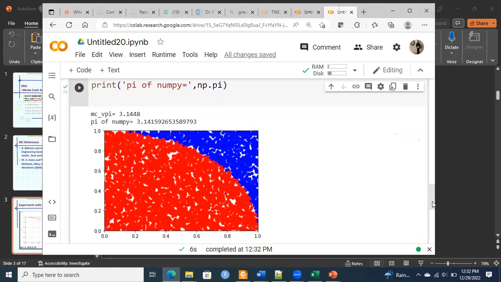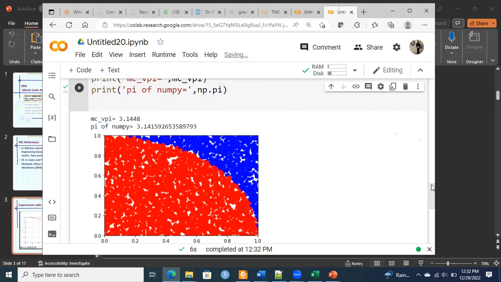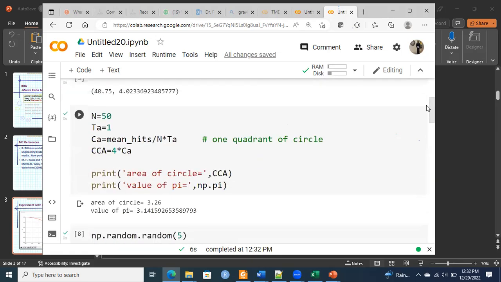So 3.14, accurate up to two digits of precision. The Monte Carlo value of pi is 3.1448, and the real value is 3.14159. And we have got the picture. So the area under the curve is possible with Monte Carlo if you know how to write this algorithm and modify it.